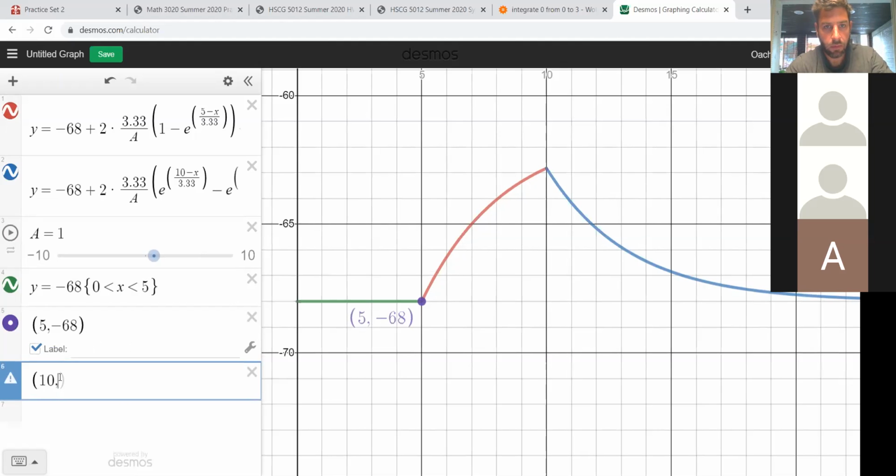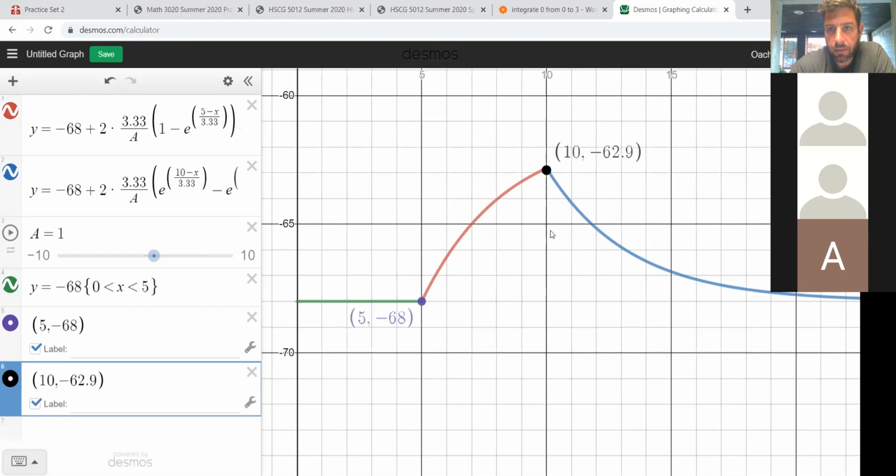What is that? Whatever that point is. Negative, say 64. So right around this black dot, right around here, then we stop the stimulus.